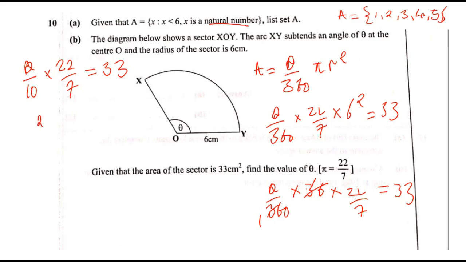Multiplying, we have 22 theta over 7 times 10, which gives us 70, is equal to 33.